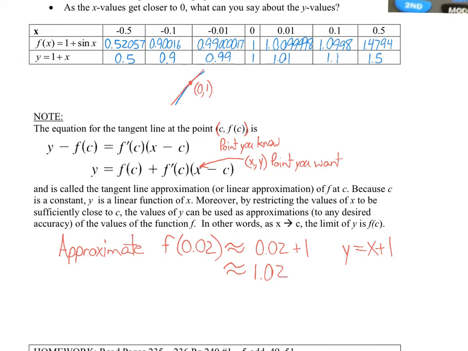If you actually did this on the calculator, you would get f of 0.02 equals 1.0199987. So what, we're 1,300 thousandths off?